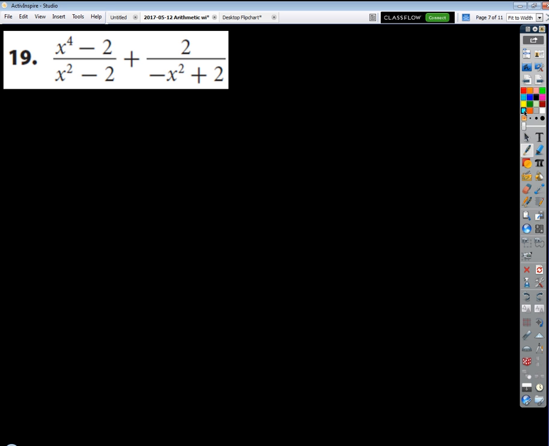So if we look at these denominators, negative x squared plus 2, I could rewrite that, right? Isn't that the same thing as saying negative 1 times, and I could really just put a negative out front. Everybody agree?